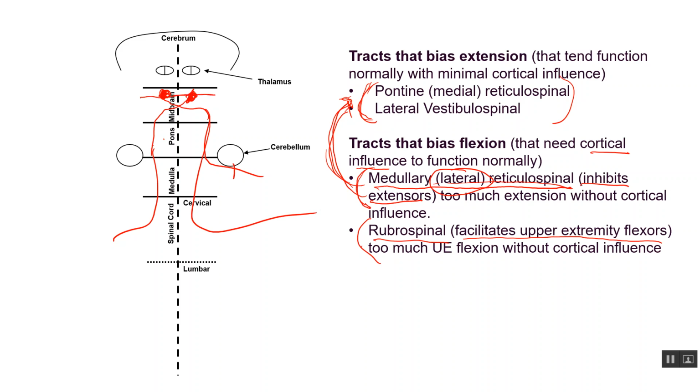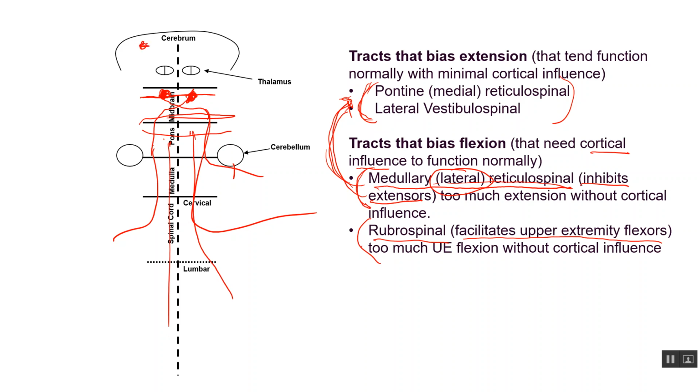If you have any damage throughout the brainstem, you're going to impact those rubrospinal pathways that help to bias upper extremity flexion. And if you lose that influence, now they get too extended. They're unbalanced, and now your arms go into extension as well. And then you have your pontine and medullary reticulospinal tracts down lower here that are still going to bias you into extension in the lower body.